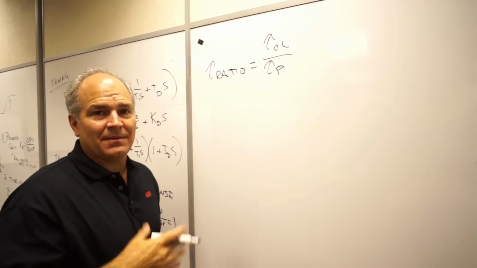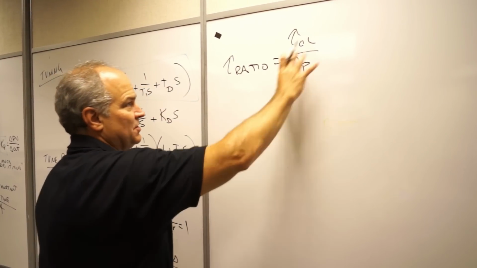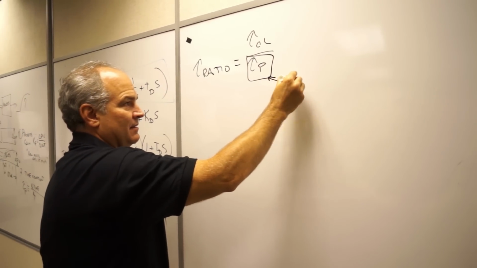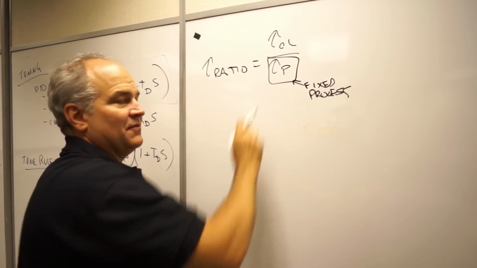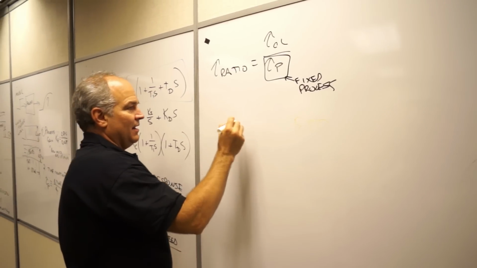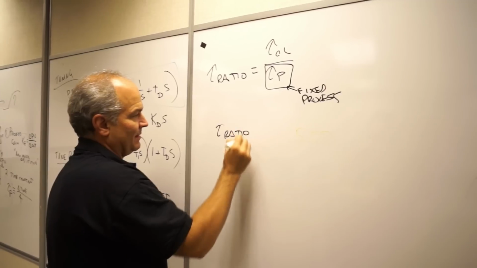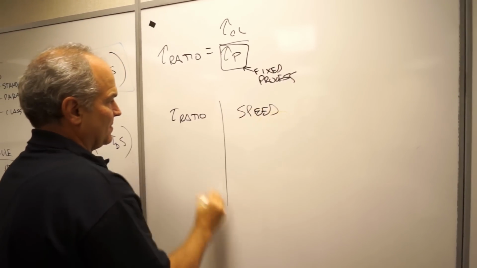People will talk about fast or slow, and I don't like to do fast or slow. When you use tau ratio, it balances. This is fixed. This is your process. So when you say fast or slow, it has to be as a function of what's real. So I like to make a table: tau ratio, and let's talk about speed of response.